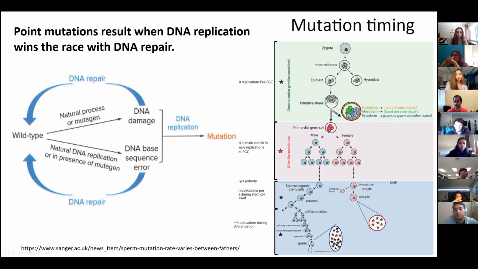So all these sperm have a much higher probability of getting mutations than oocytes. And there are very nice studies now using single cell sequencing where they did demonstrate that sperm have a lot more mutations than oocytes. And this is because they just divided more times.